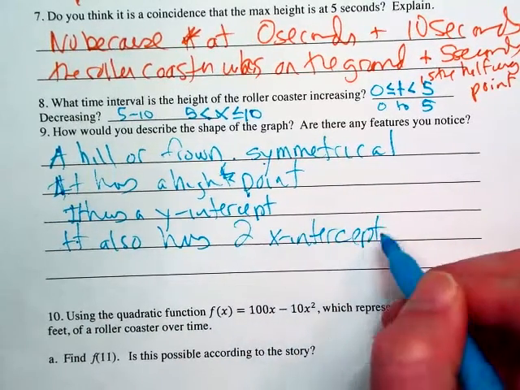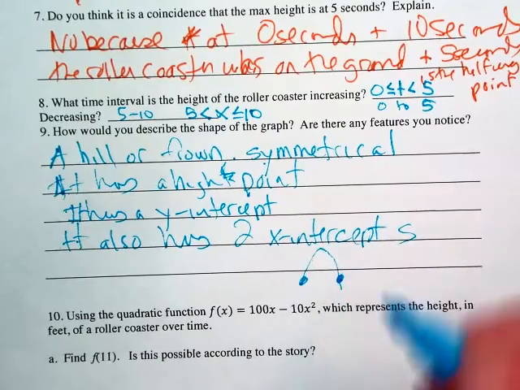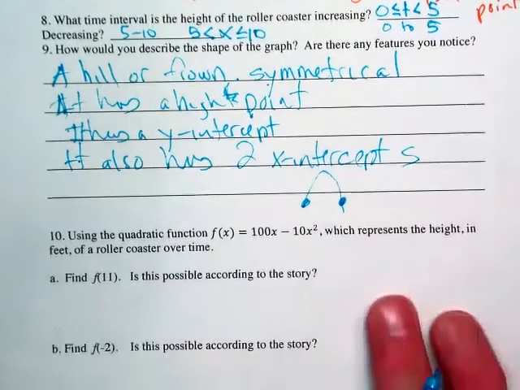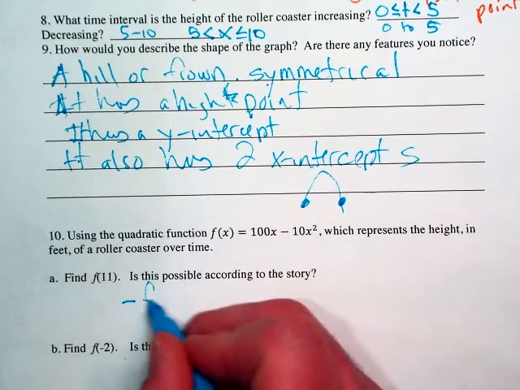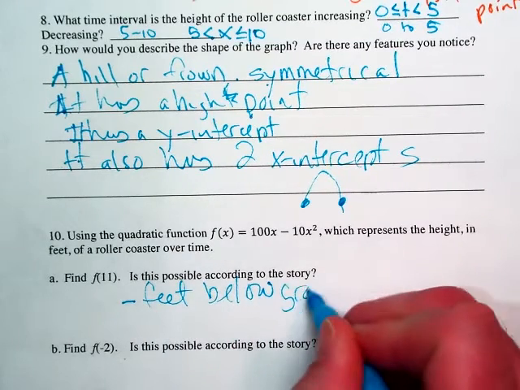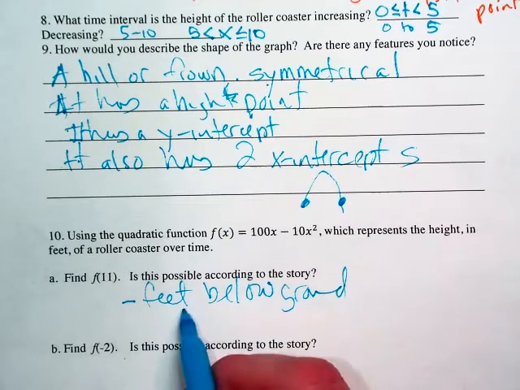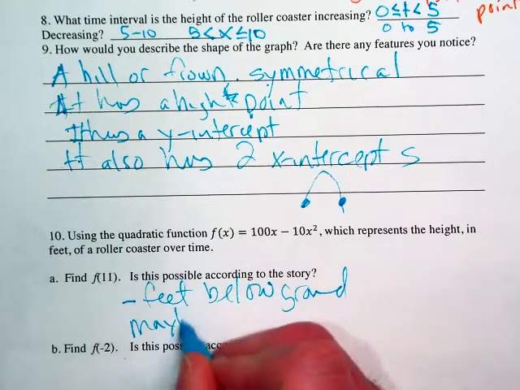Okay, if you plug in 11, you get a negative feet, which makes you think below ground. So is it possible to be negative feet below ground? Maybe, right? If the roller coaster went below the ground. How about in B?